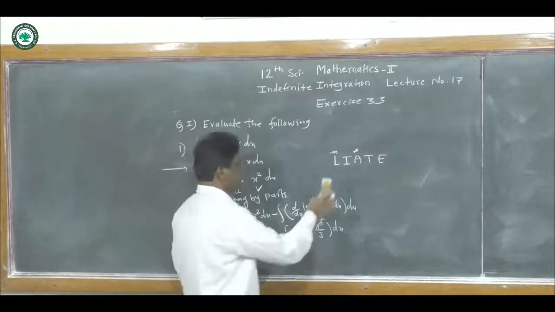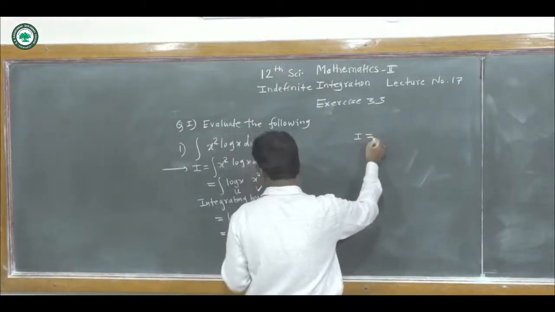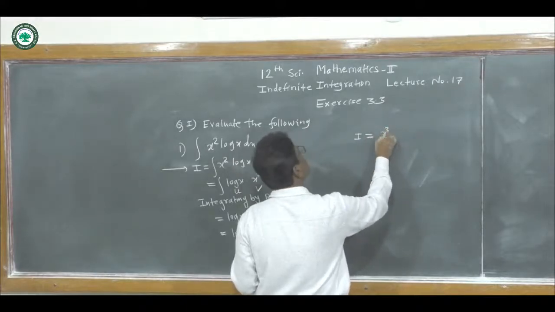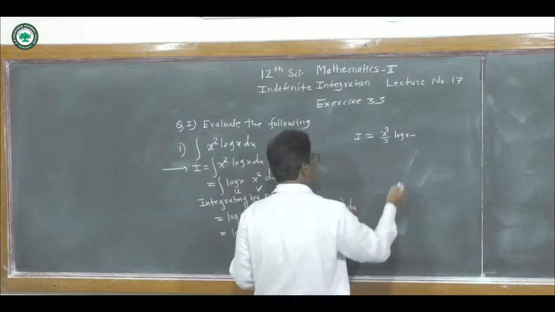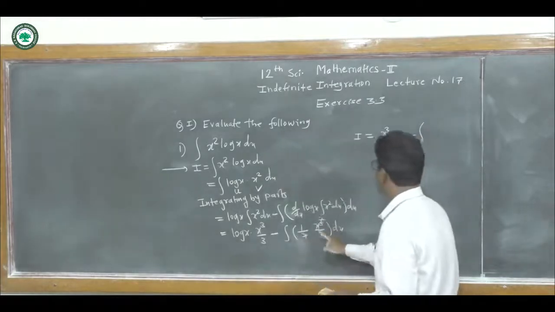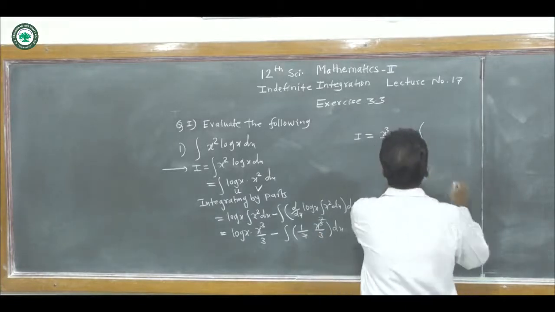And so the required integral I is equal to x cube upon 3 into log x, and minus integration, this x and x get cancelled. This 1 upon 3 is a constant, take it outside the integral.